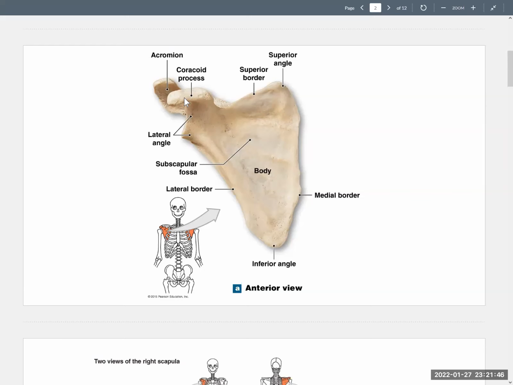And then back or behind, we're going to see this in another view, is the acromion or acromion process. This is a large area of attachment for ligaments. So is the coracoid process. And so is this area here, which I'll name in a different slide in a moment, which holds the head of the humerus.